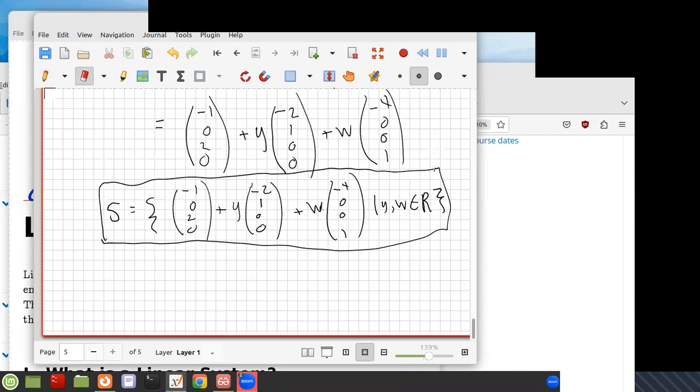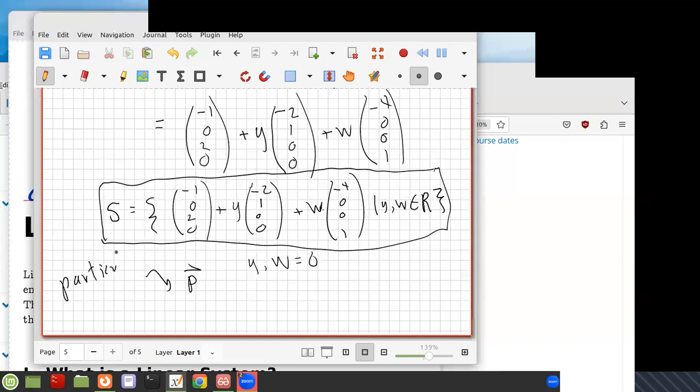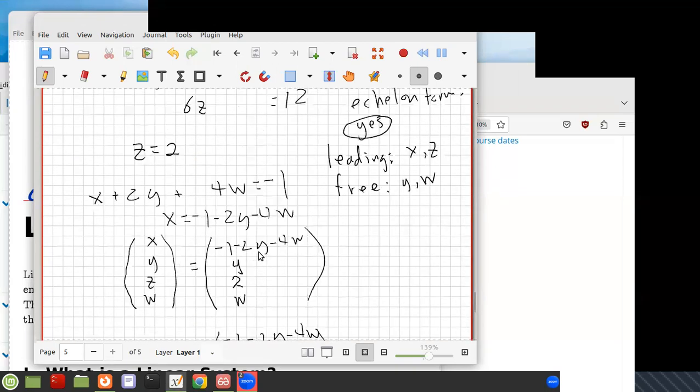And this vector here is defined by, if I set the free variables y and w to 0, then I get out what's called the particular solution.